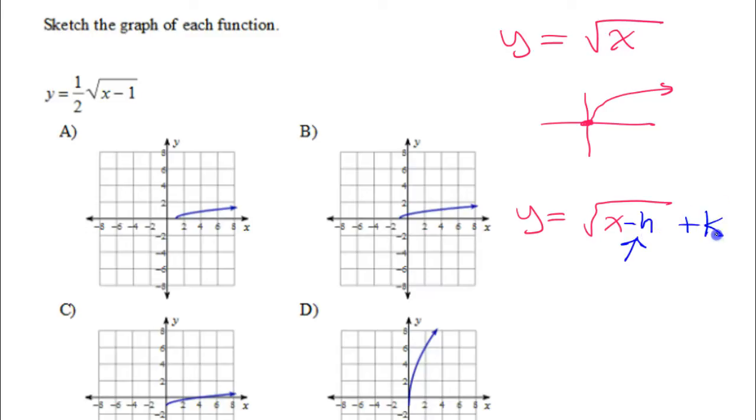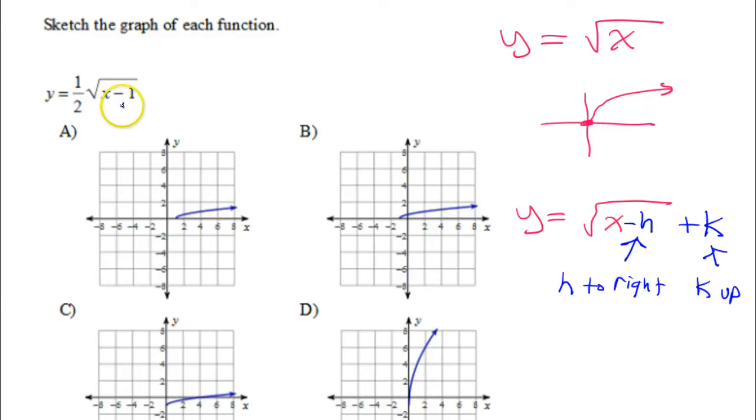H and k. Now that h means it's going to be h to the right. And this k means that it's going to be k units up. Now, if this were positive, it would move us to the left. And if this were negative, it would move us down.